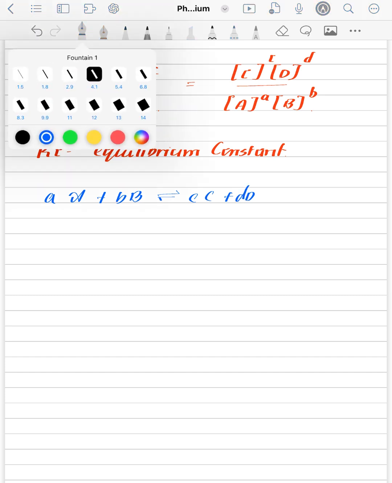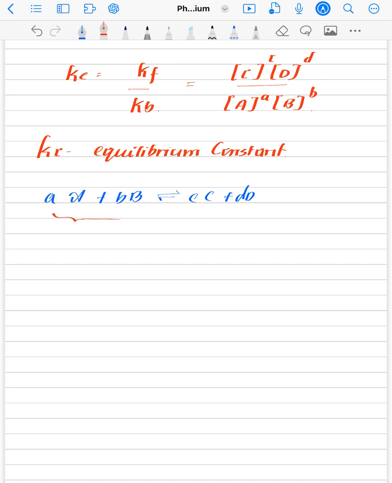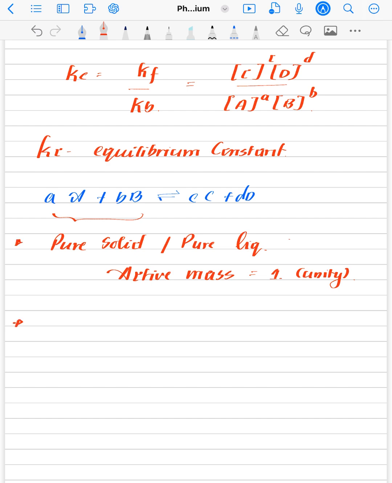Now by any chance, let's say if I take these reactants as a pure solid, or if I take them as pure liquids, please note that in such cases the active masses are going to become equal to unity. Okay, done.